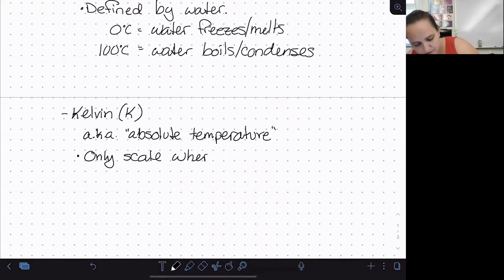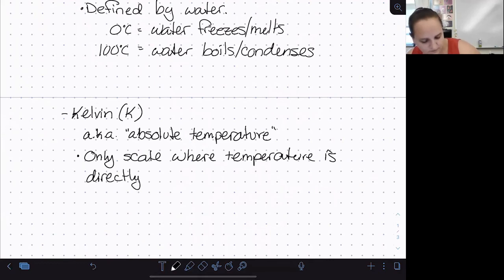So this is the only scale where temperature is directly related to kinetic energy.